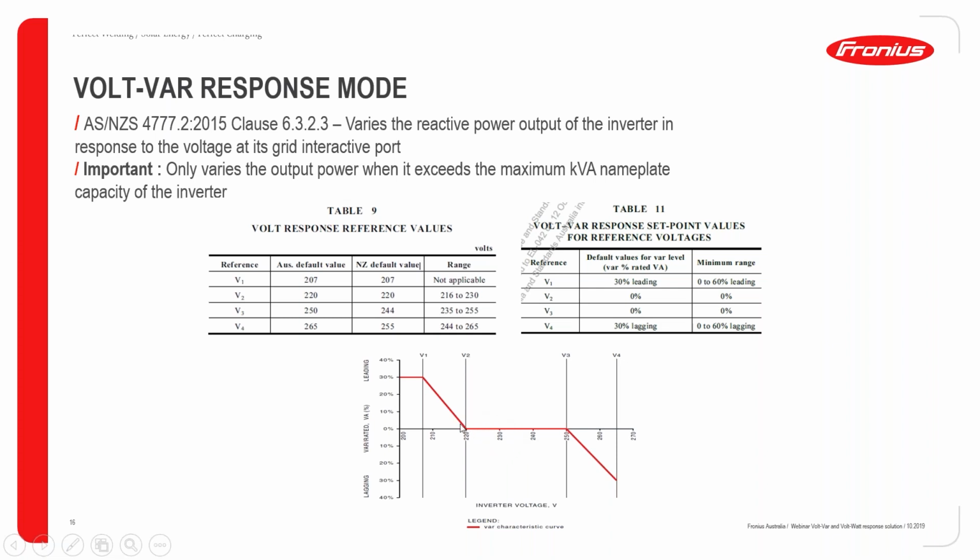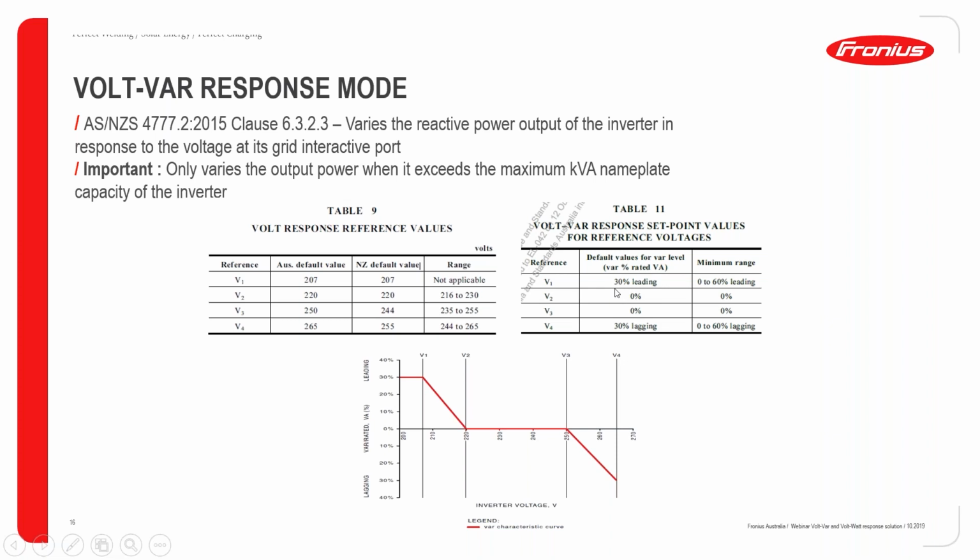So what you're seeing here in this graph, whenever we have a voltage drop, or the AC voltage at the inverter terminals is at 207 volts, we need to have a power factor of 30% leading. So there's a 207.